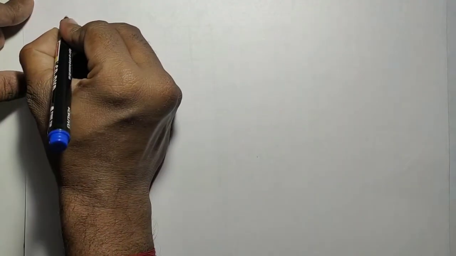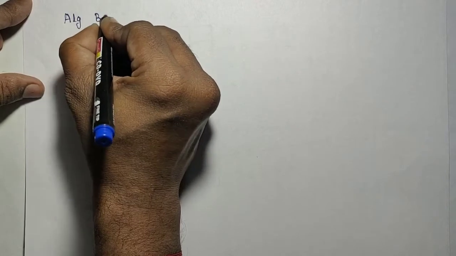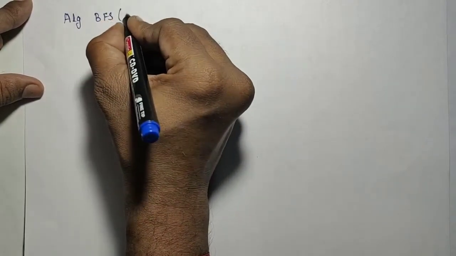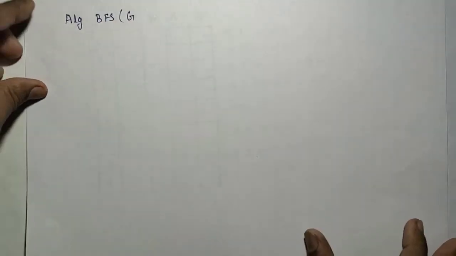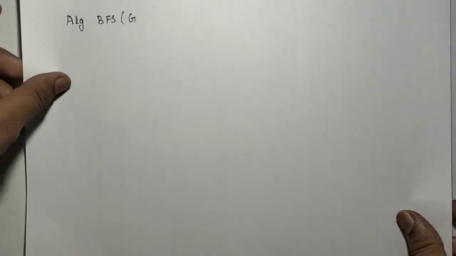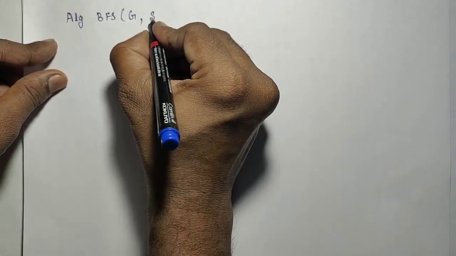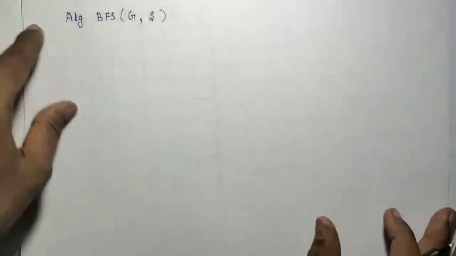Now start writing the algorithm. BFS. The input is that graph. The G is nothing but this table, comma, and we need to pass a starting node, the index of the starting node.